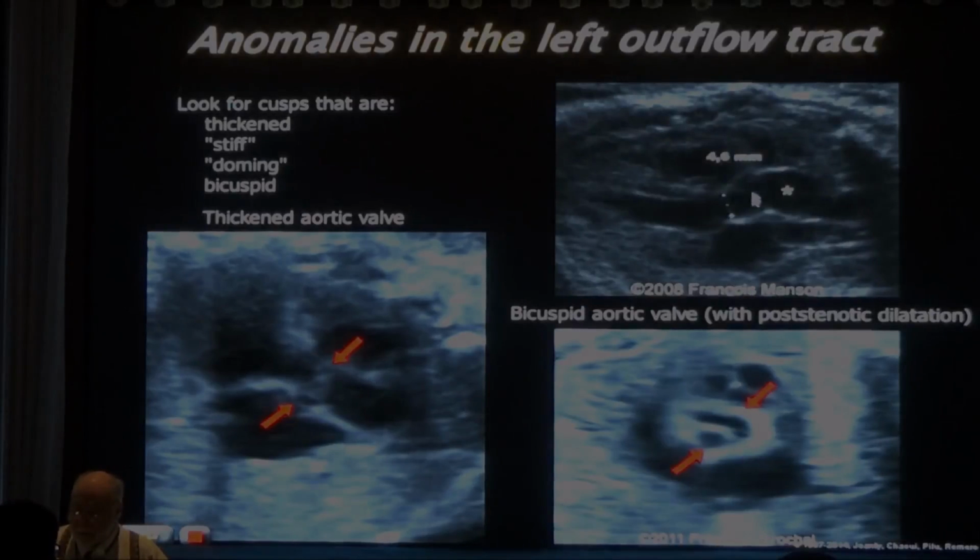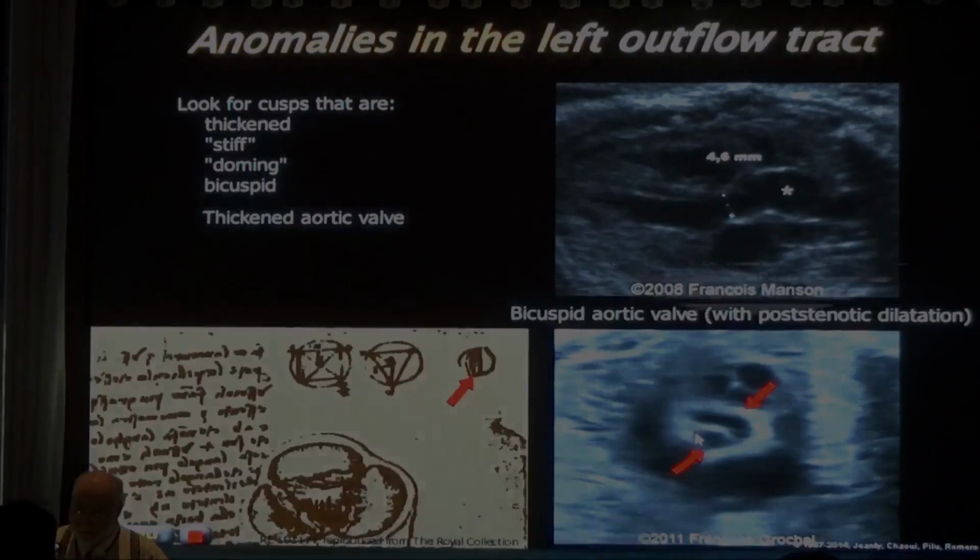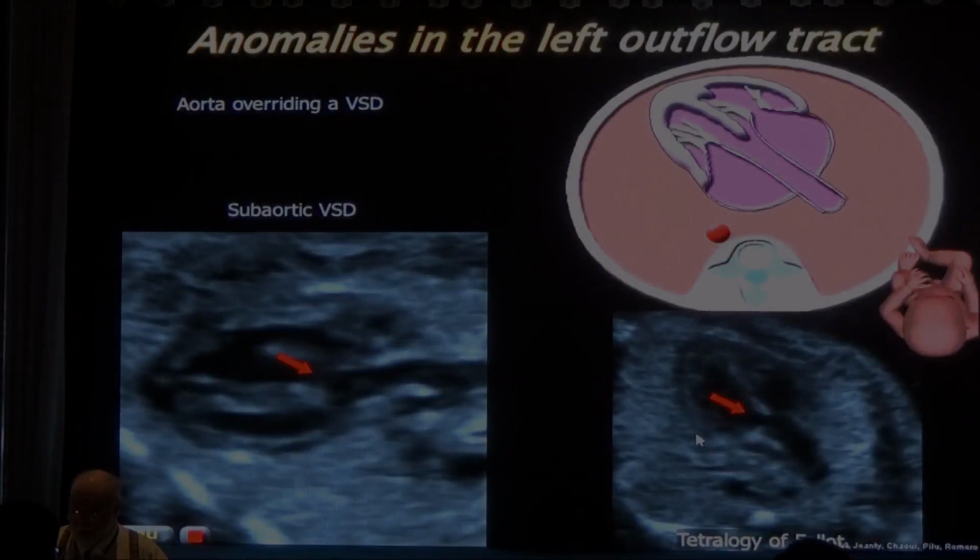Here we have another example with a bicuspid aortic valve. Very common anomaly. Actually, Leonardo da Vinci was the first one to diagnose that. And the daughter of one of my sonographers has a bicuspid aortic valve. So if you see the aorta, and the aorta has a foot on both ventricles, you see the leg of the ballerina is broken. This is an overriding aorta. This is a subaortic VSD.